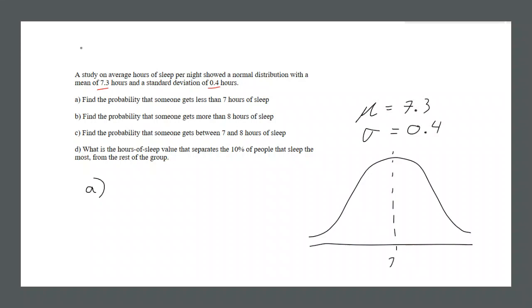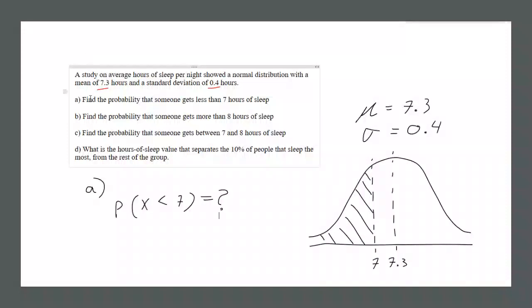In the middle we have 7.3 as our mean value, and somewhere less than that we have 7, and we're looking for this shaded region right here. The area under the curve of the normal distribution is the probability of being within that range of values. So we want the probability of x being less than 7.